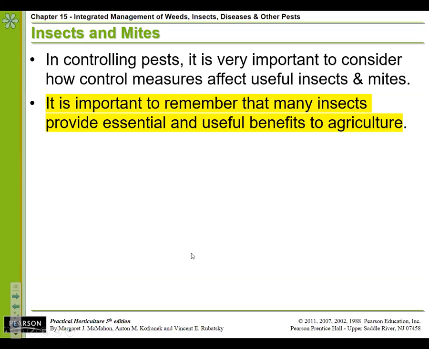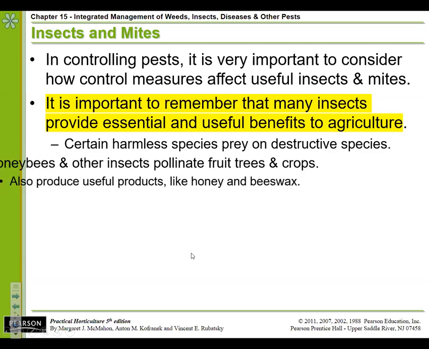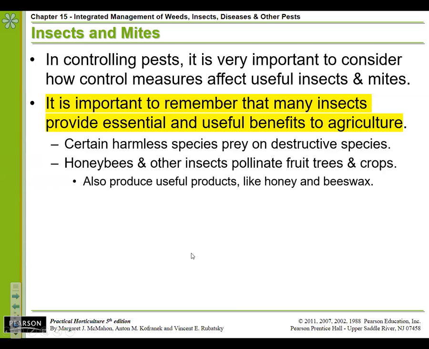So we don't want to destroy the beneficials. We want to just target the pest species if we can. So we have some harmless species, some predator species that are going to eat other insects. We have our pollinator insects that we don't want to damage.